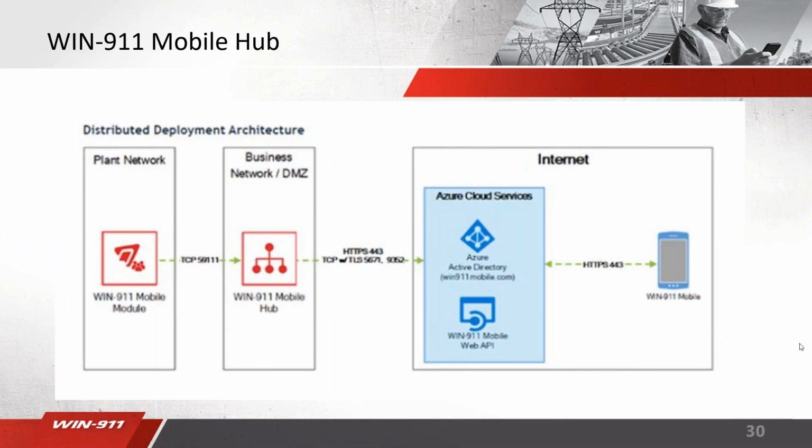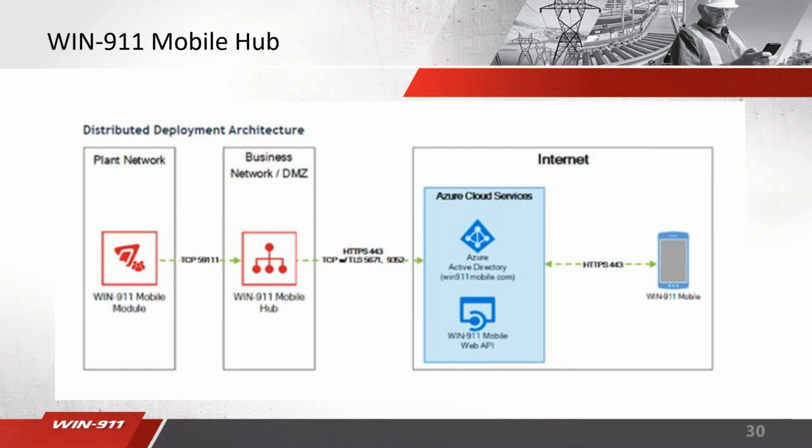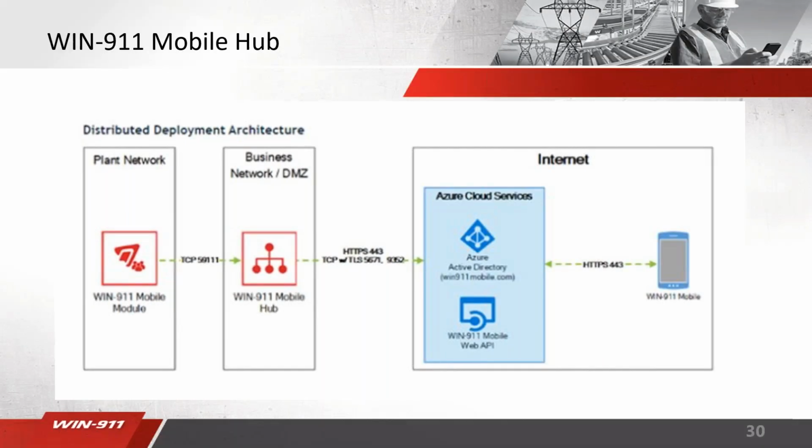This kind of talks a little about the architecture. The way that we do this is just as we talked about before, right? From left to right, you have your plant network. And in the plant network, you have what we call the WIN-911 mobile module. That's where the module resides for the app.